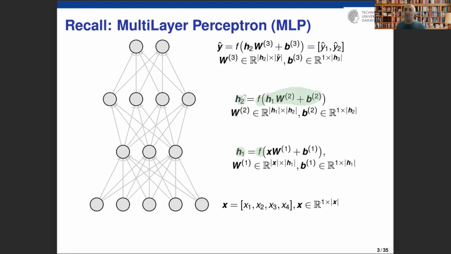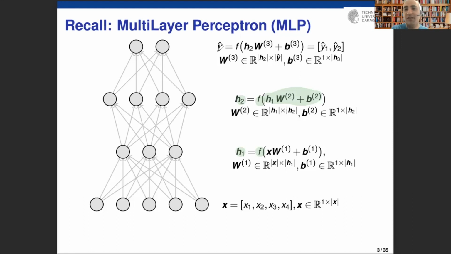So we have H2 here. The dimensionality of H2 doesn't need to be necessarily similar to the dimensionality of H1. So H2, for example, here has 4 nodes, or 4 elements in the vector, but in H1 we have only 3 elements.